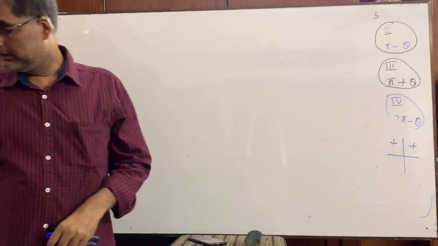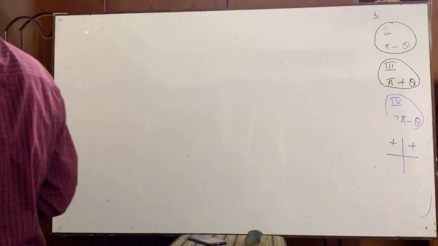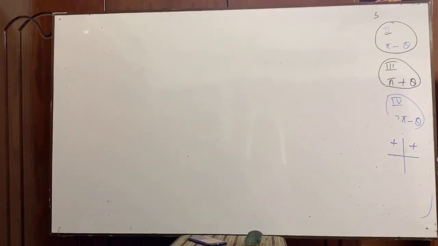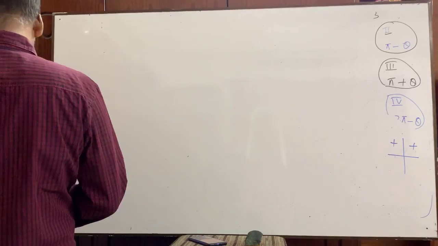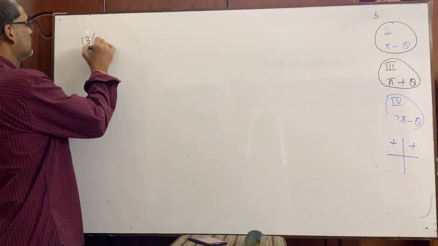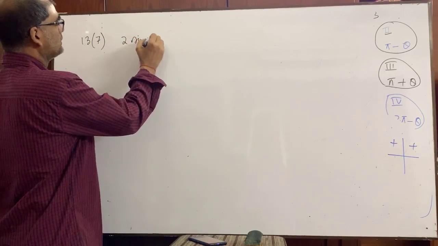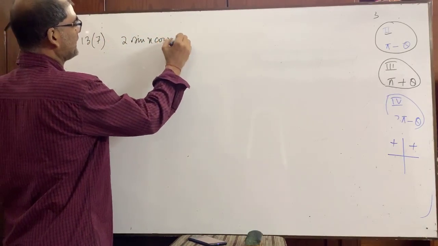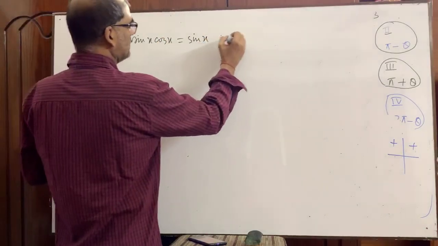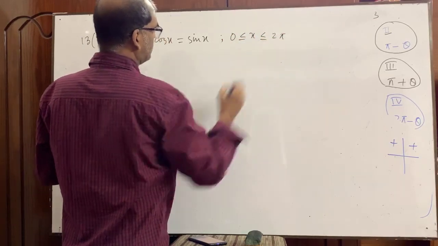Okay. Now I am going to the last question, that is number 7. sin x cos x equals sin x, with 0 less than or equal to x less than or equal to 2 pi.